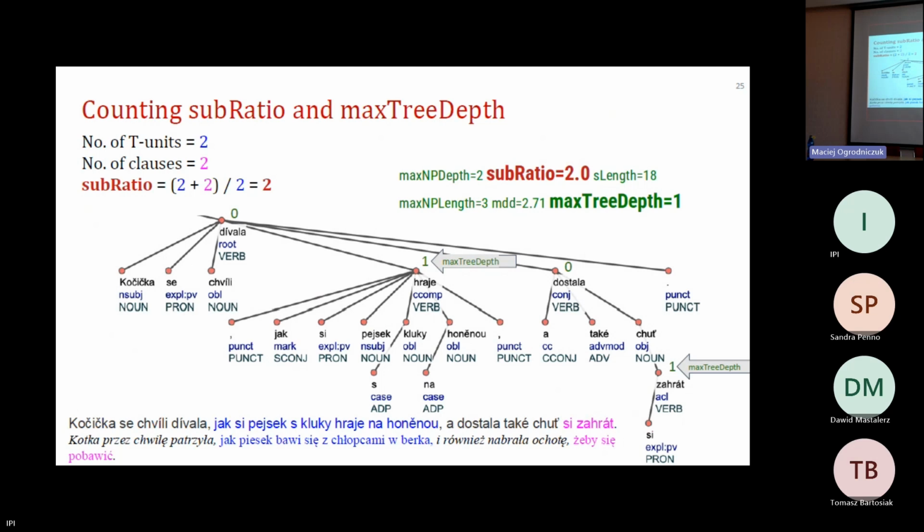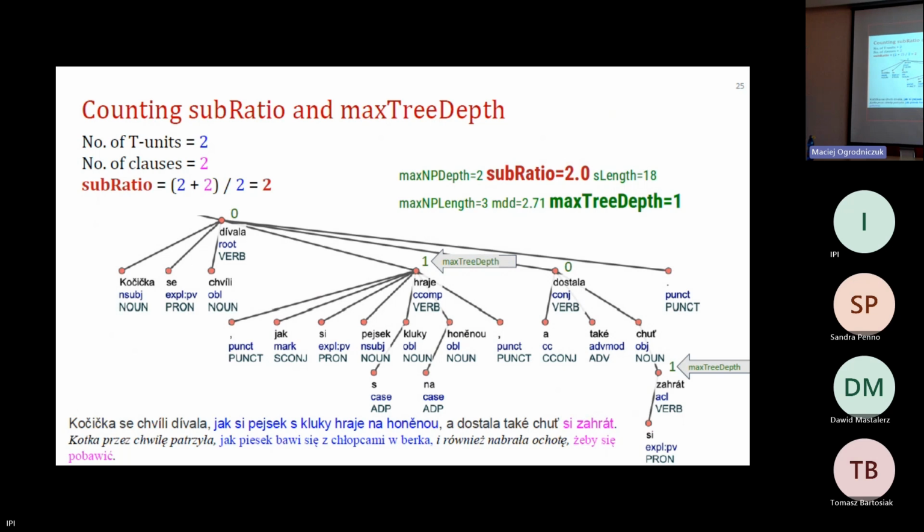The number of T-units is 2, because of these two: the first one, and then the second one. And here you see the label conj, for conjunct.